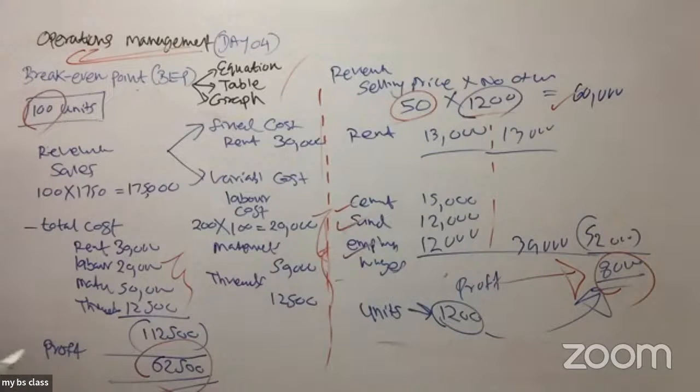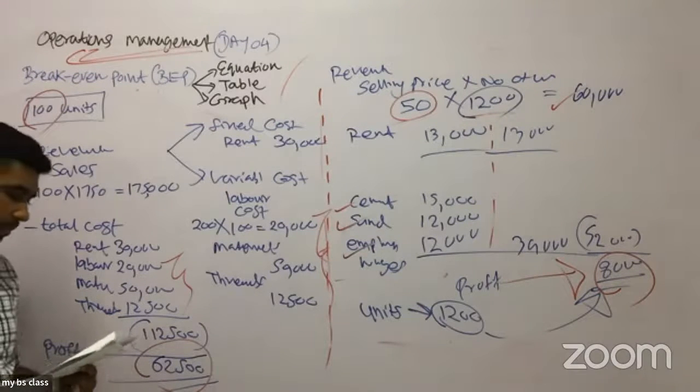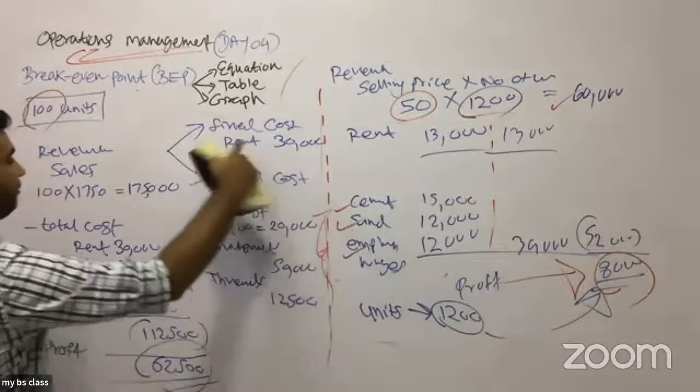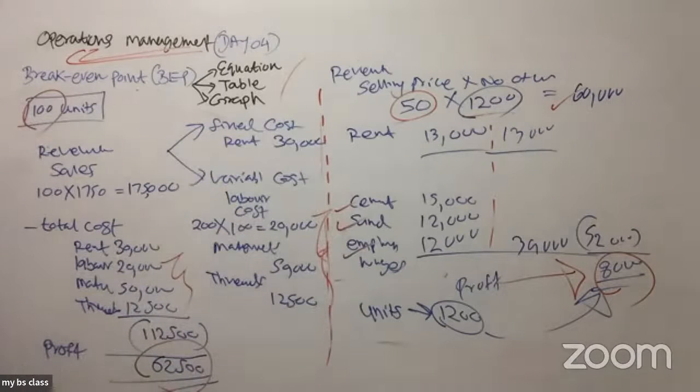I'm again telling you, activity number 3. Shall we quickly come to that part as well? Activity number 3. Right? Calculating the total revenue, fixed cost, variable cost, total cost, and the profit.